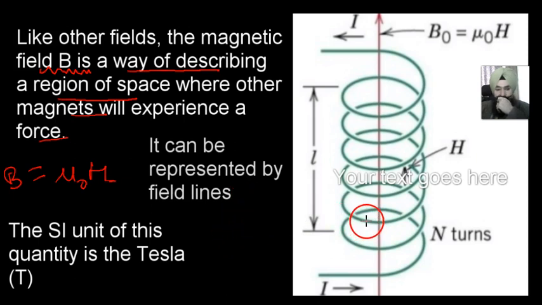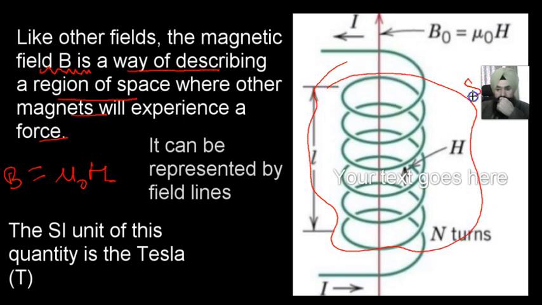So this is the space surrounding H. In that space, the magnet will experience a force. And B is represented by the field lines.